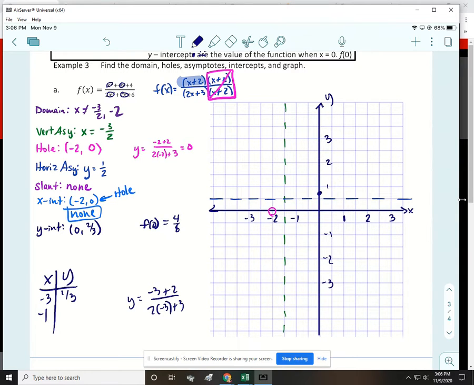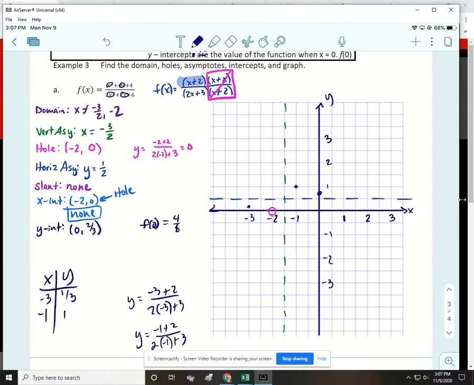So I have a point at -3, 1/3. Right, and then I can do the same thing for -1. And that looks like I get 1 on the numerator and 1 in the denominator. So that would just be 1. So I have a point at -1, 1.